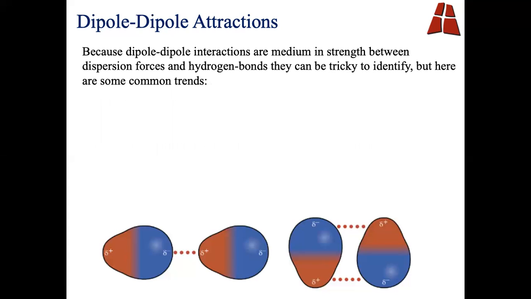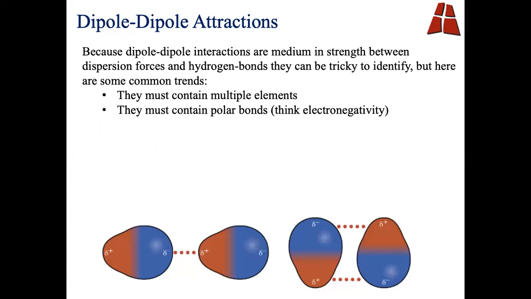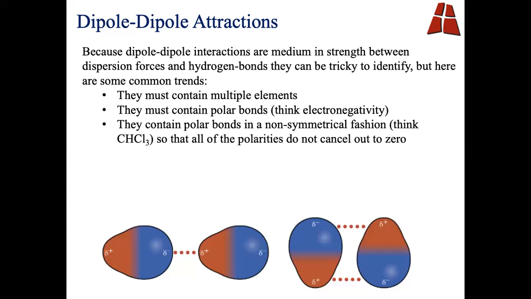And so this is our medium strength intermolecular force, which can be a little tricky to identify, but here are some common trends. So anything that has dipole-dipole interactions must have multiple elements. Within those multiple elements, the bonds that they form must be polar, and so they need to have an electronegativity difference. Again, we'll practice that a little bit more in class on Thursday.